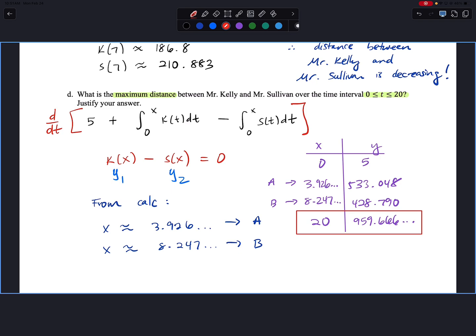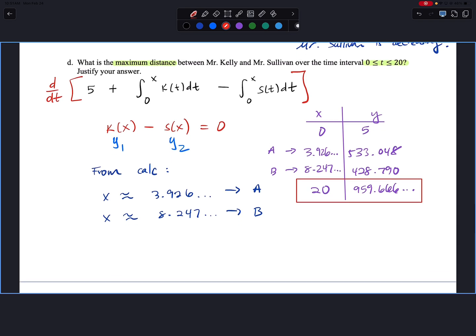So then to answer this question, remember you're trying to find the maximum distance. So the maximum distance between Kelly and Sullivan is 959.666 yards.